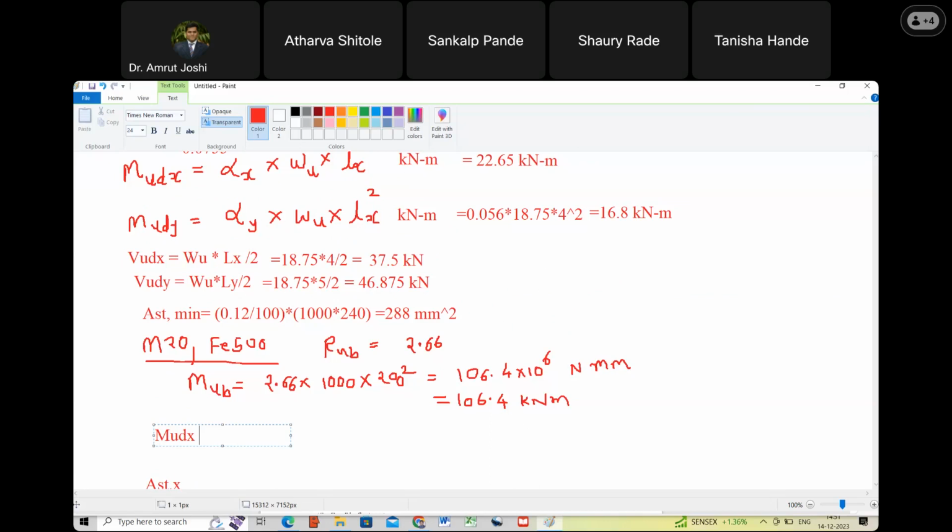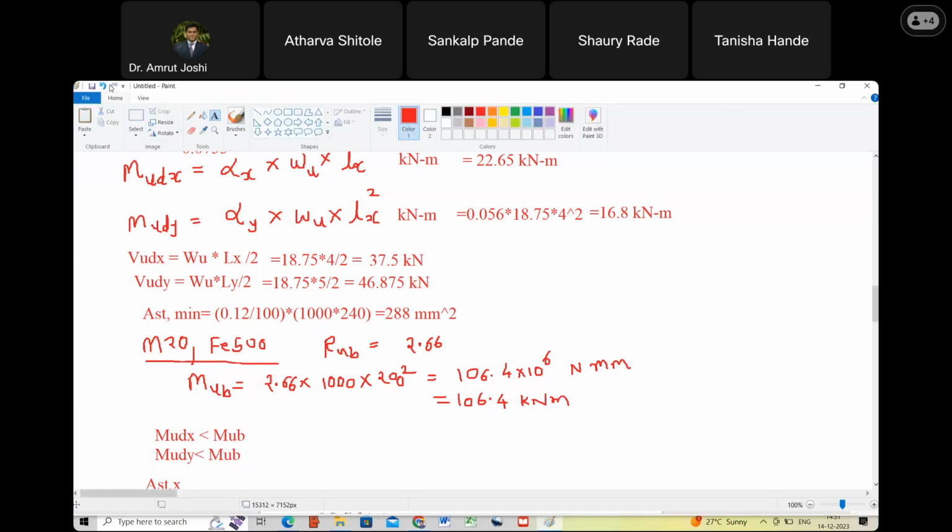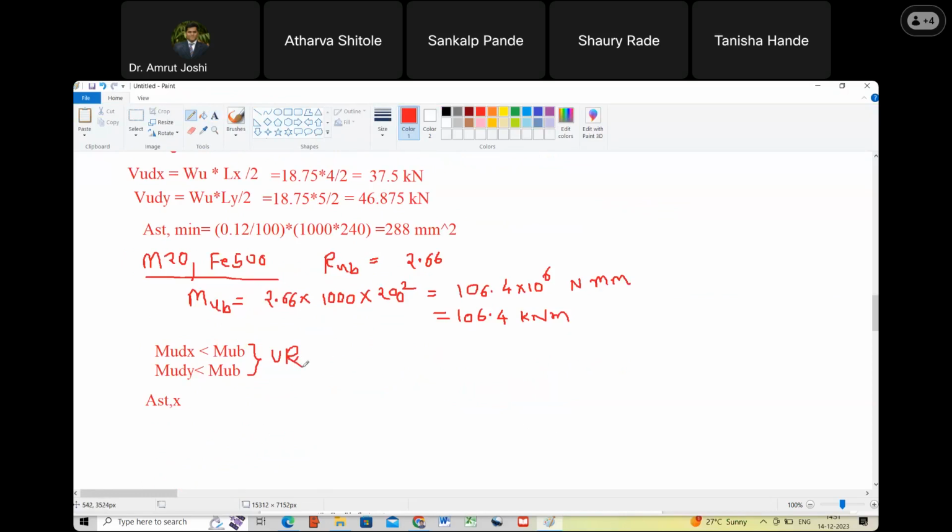So Mu dx is less than Mub, and Mu dy is less than Mub. Therefore, for bending in both directions it is an under reinforced section. Are you with me? Yes, sir.